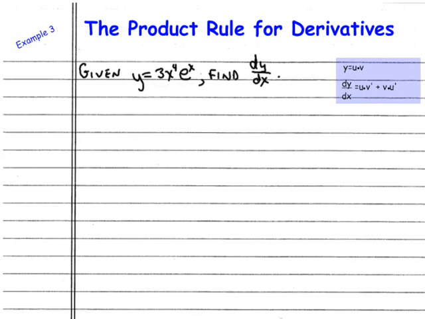Well, as we get started, it's as we had before. We've got to decide what we're going to call the first function and the second function. And I suppose we could call the first function 3 and the second function x to the fourth e to the x, but we're not going to be able to get much mileage out of that. So I think it's probably normal, and you'll agree, that we'll call this the first function. That's our u expression.